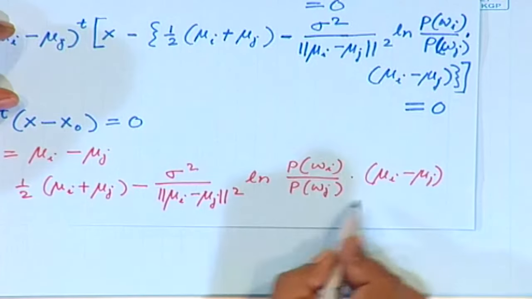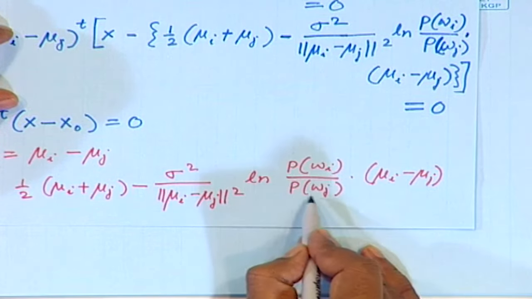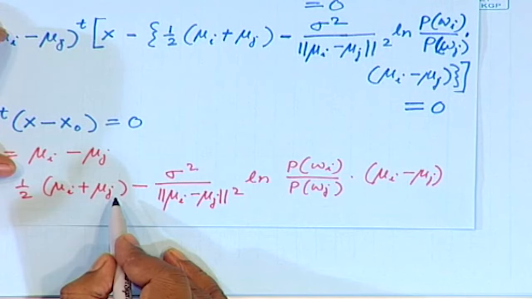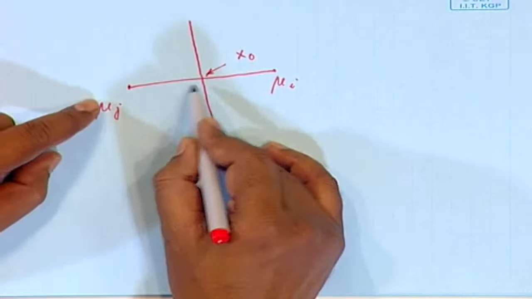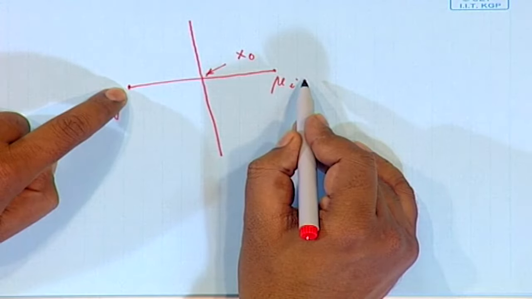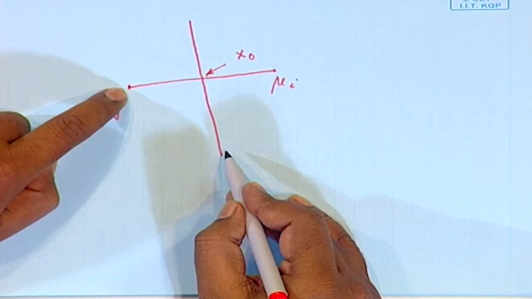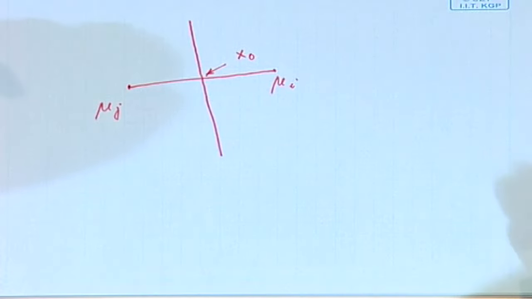If this term is 0, in case the a priori probabilities P(ω_i) is the same as P(ω_j), then x0 becomes half of (μ_i + μ_j). So this x0 in that case is midway between μ_i and μ_j, and I have this hyperplane, which in this case is nothing but the orthogonal bisector of the line joining μ_i and μ_j.